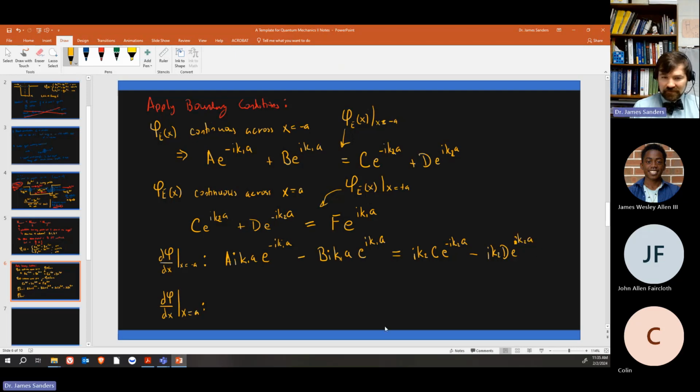And this one right here, again, multiplying everything times -1, ends up being i k2 c e to the minus i k2 a.